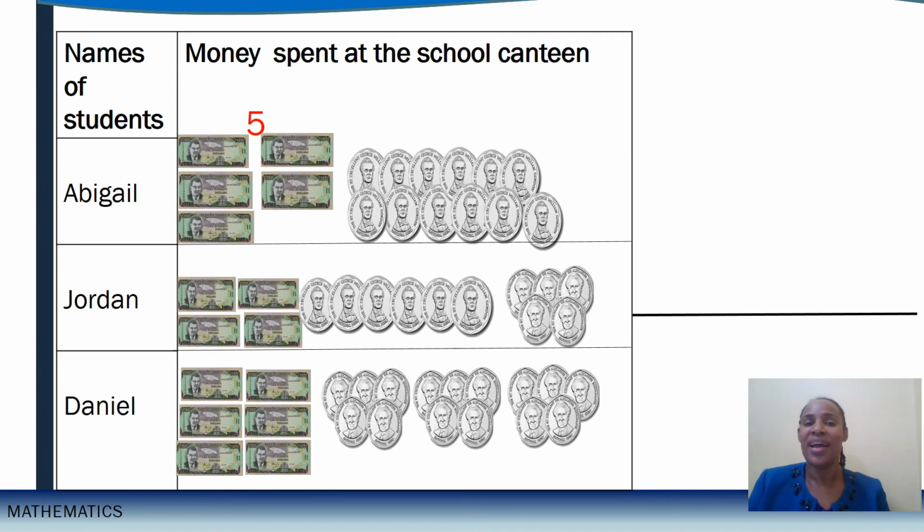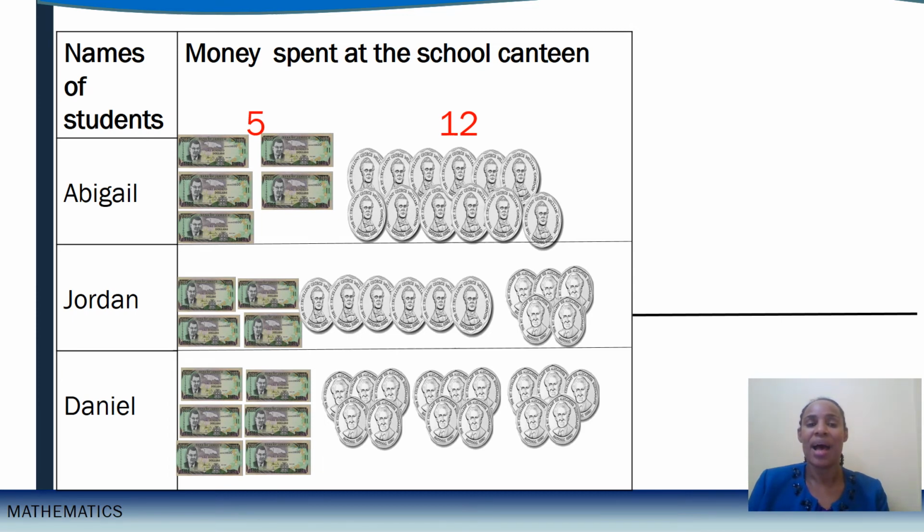Now let's count how many $10 Abigail spent. 1, 2, 3, 4, 5, 6, 7, 8, 9, 10, 11, 12. Abigail spent 12 $10. Boys and girls, let's write that to the side of our table.